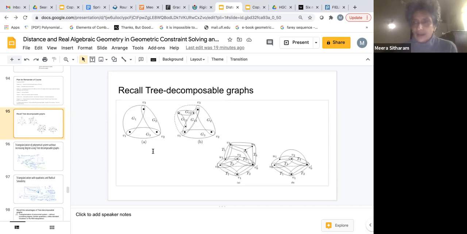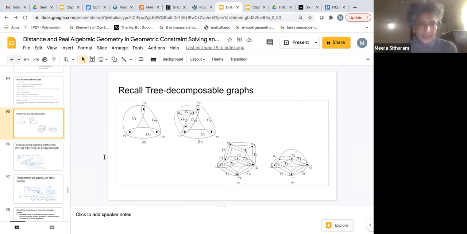This is not a hard thing to prove. It's quite easy to prove. You just do it by induction, starting from the base case. The base case is that each one of these is an edge, and then you proceed from there. It's not quite a Henneberg construction, but it's practically a Henneberg 0 construction.